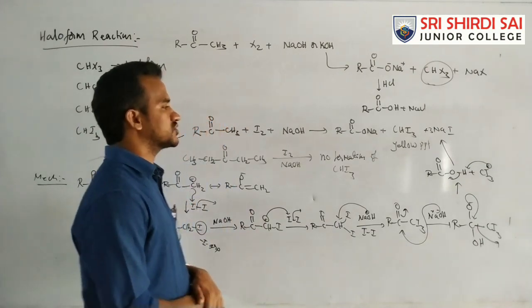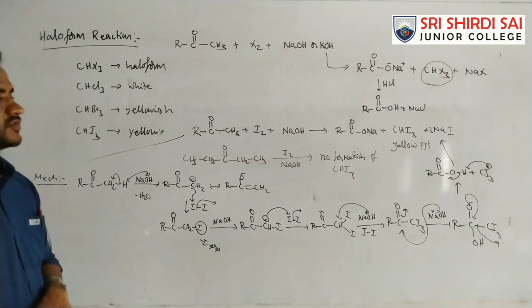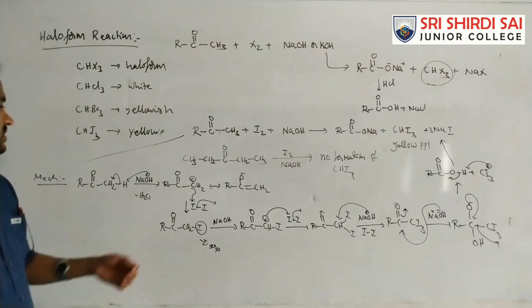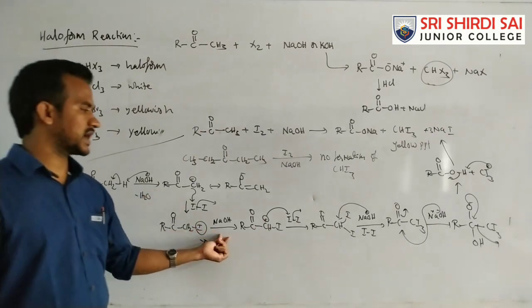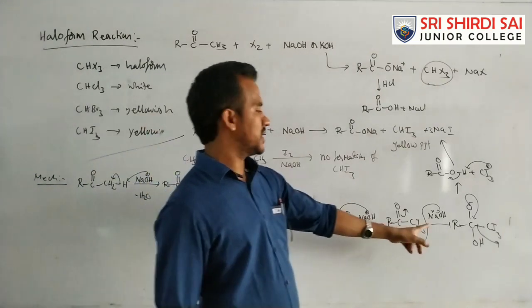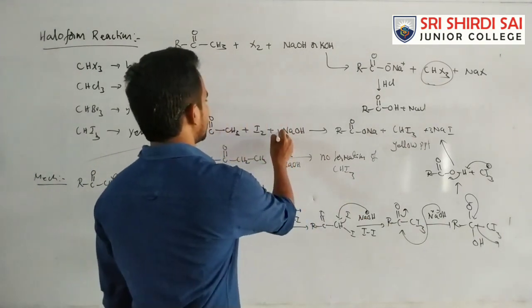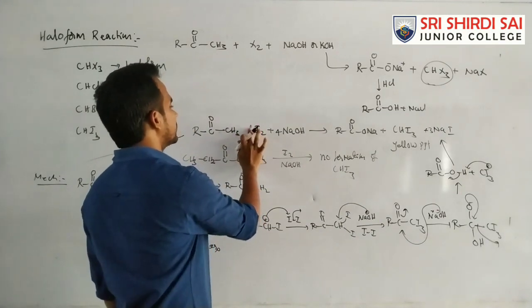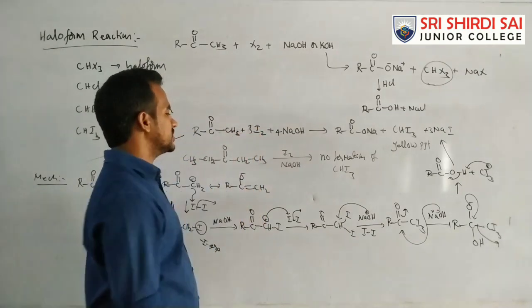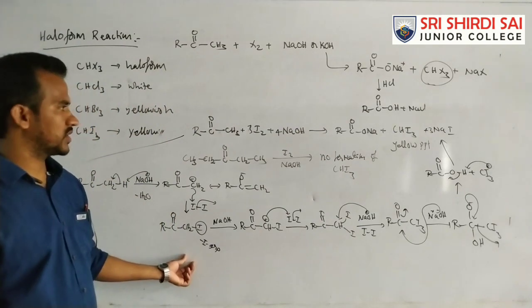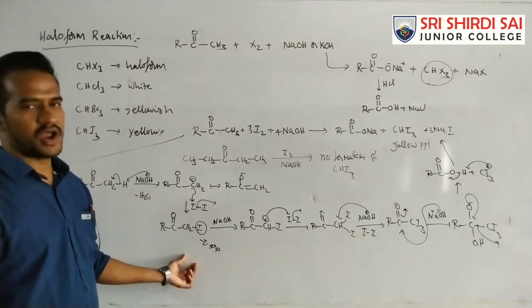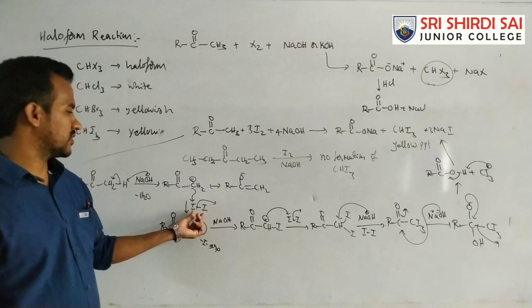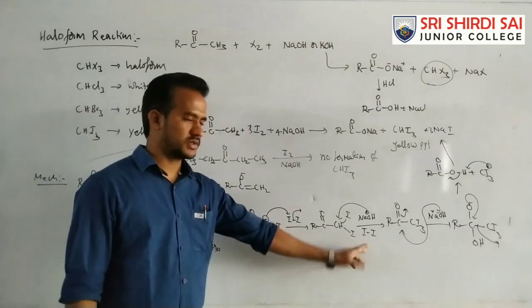That means in this case, how many moles of base are used in total? Here 1 NaOH, second NaOH, third NaOH and fourth NaOH. In this case 4 moles of NaOH, and how many moles of iodine? 3 moles of iodine. That means 1 mole, the second mole, the third mole.